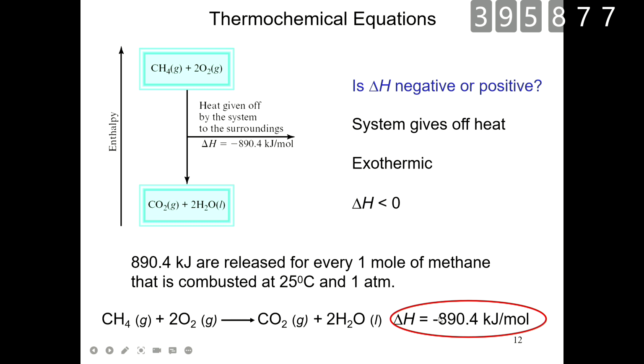Here, minus or plus means the system loses or gains energy from the environment. If it's minus, it loses. If the value is minus, yes, it loses.